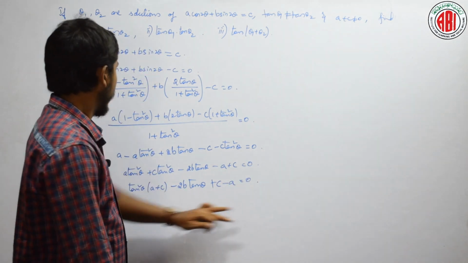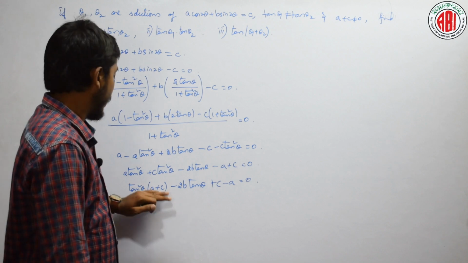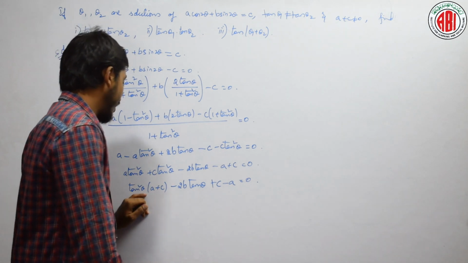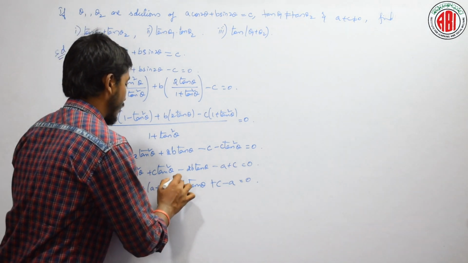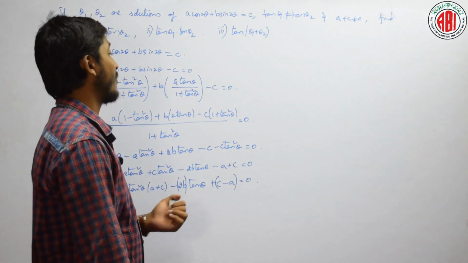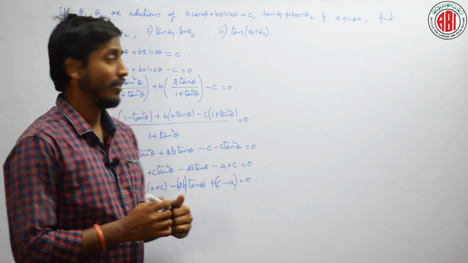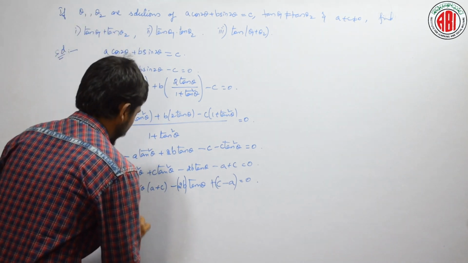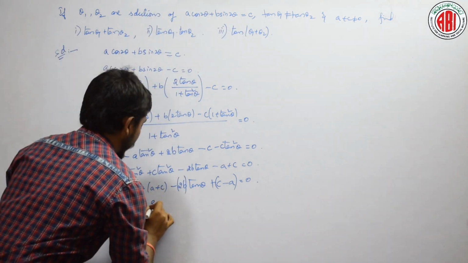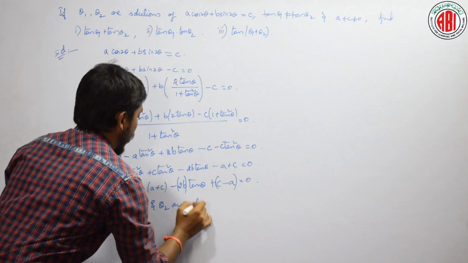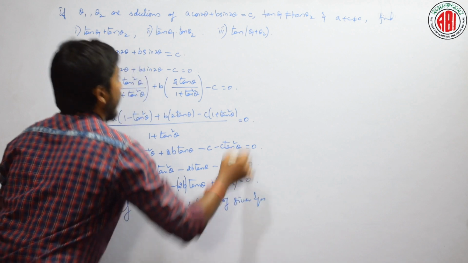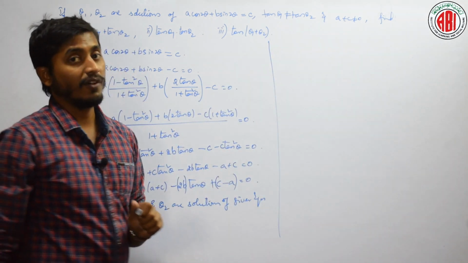Is it clear? If you observe, this equation is in the form of a quadratic equation, where the variable is tan theta, like ax square plus bx plus c. Then what are its sum and product of roots? If theta 1 and theta 2 are solutions of the given equation, then what is the sum of roots formula?